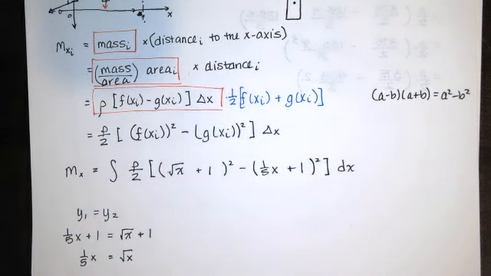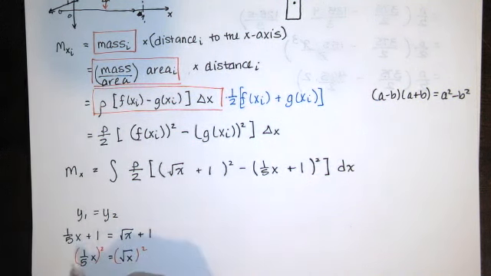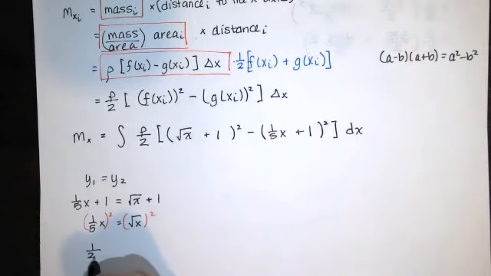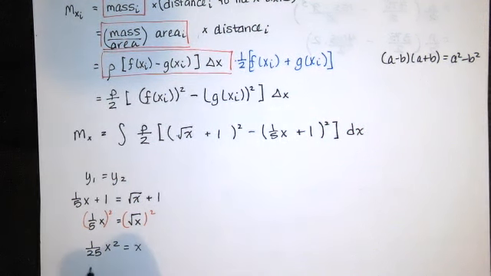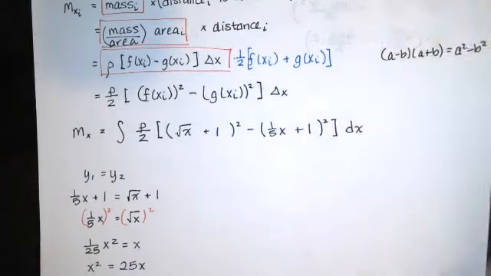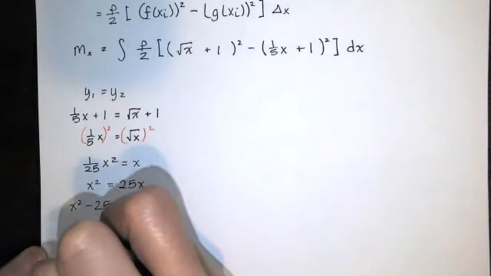And then to get rid of the squaring function, we'll undo that by squaring both sides. When you square the 1/5, you're going to get 1 over 25. If you take the square root of x and you square it, you get x. And then you might multiply both sides by 25 to clear the fractions, and then subtract 25x from both sides.